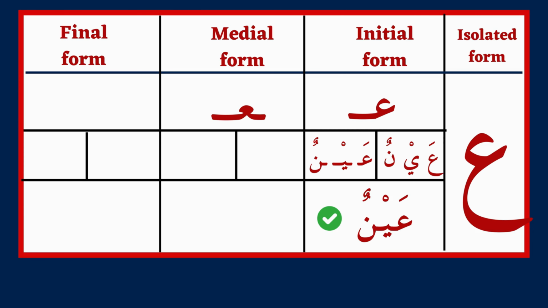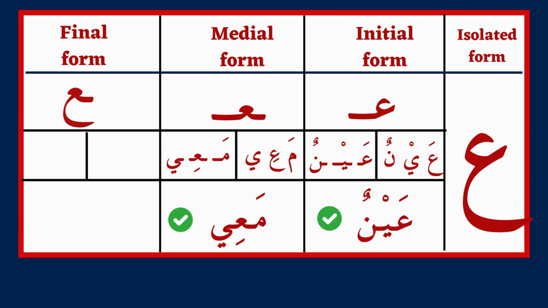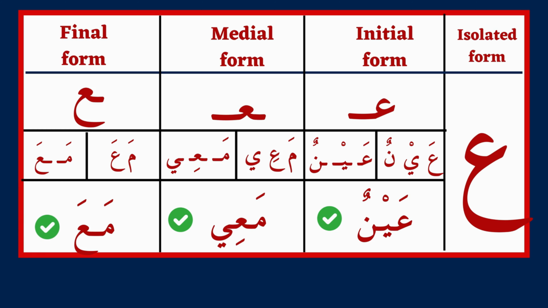When we want to position the letter in the medial form of a word, we write it this way. Observe how it changes in pattern when it's in the middle of a word, unlike others. When ain is in the final form of a word, observe how we write it. Do you get it?